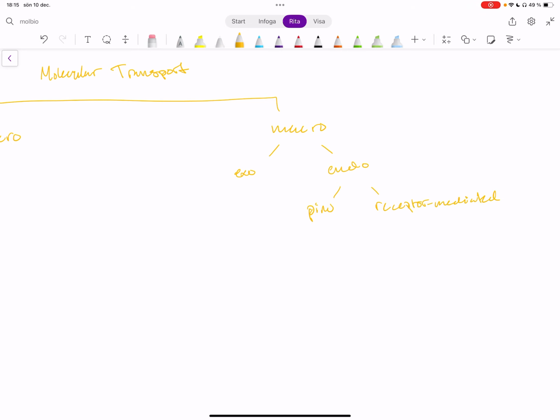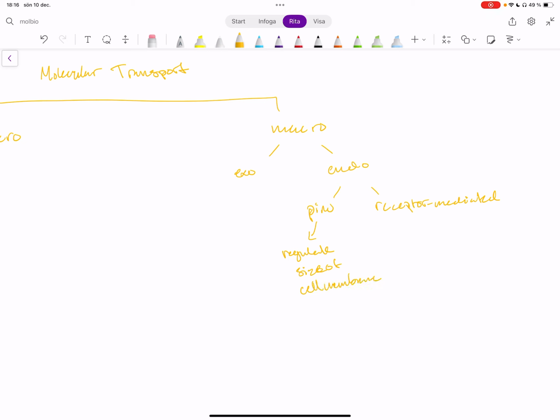I'll just write receptor-mediated. Now, pinocytosis, our professor said that the main function of pinocytosis is to regulate the cell size, or the size of the plasma membrane of the cell.